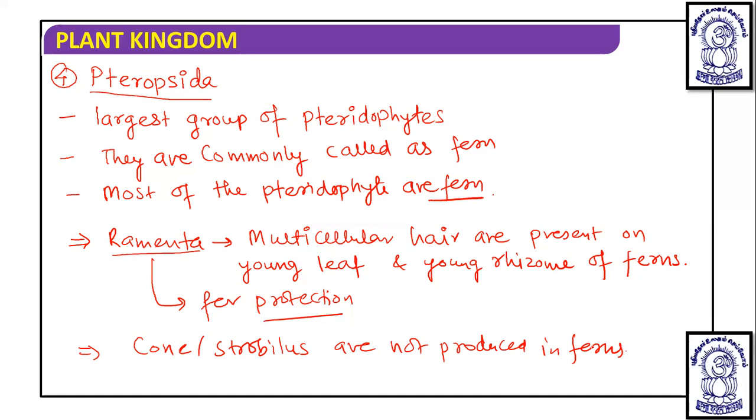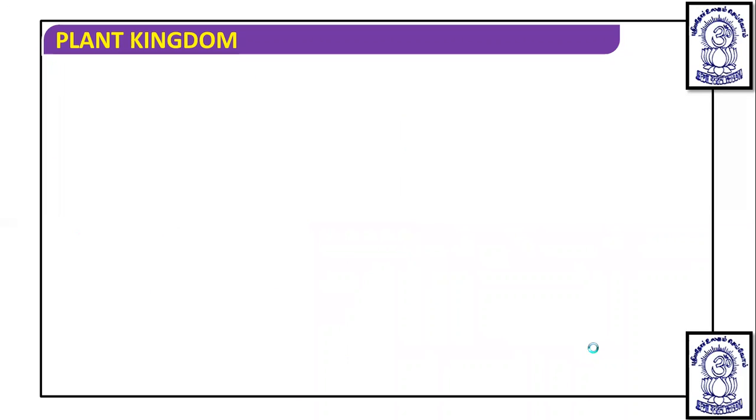So these are the characteristics of this Pteropsida. Now the examples of ferns: number one is Azolla.